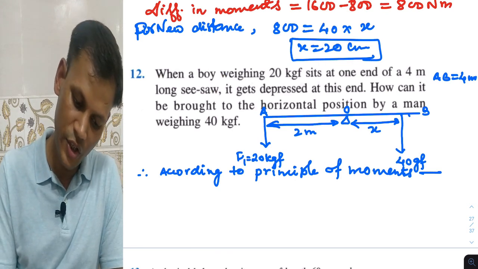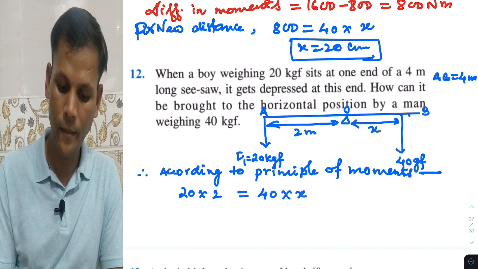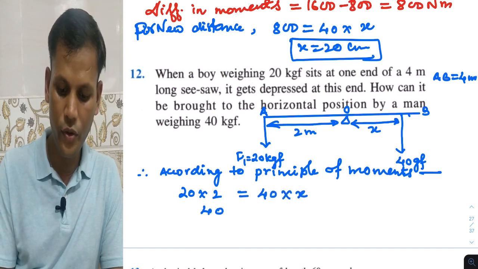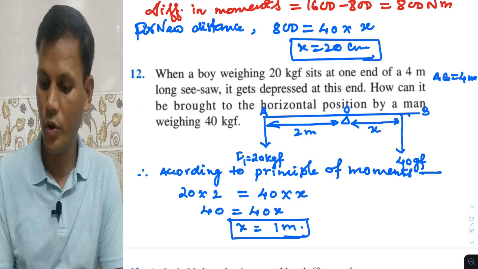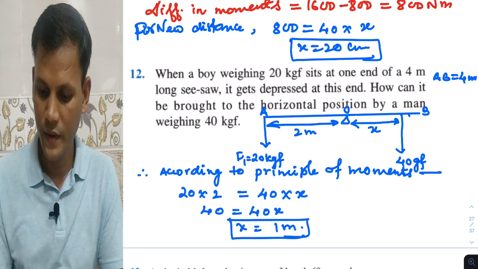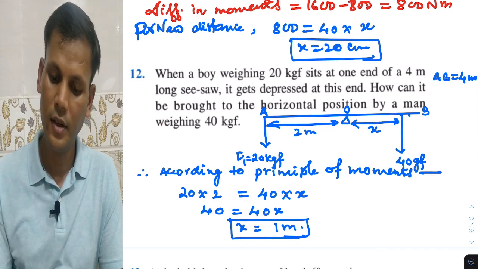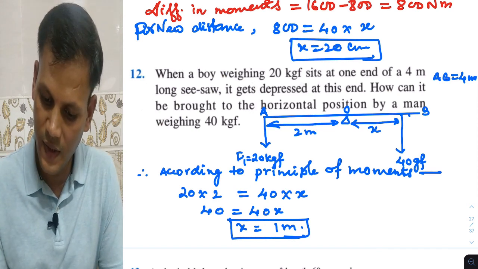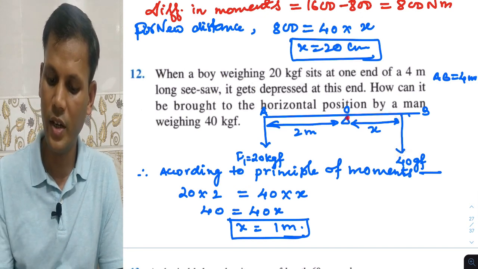So F1 is 20 into 2 equals 40 into x. So 40 equals 40x, so x equals 1 meter. That is the answer: the person should sit at a distance of 1 meter from the pivoted or balancing point.